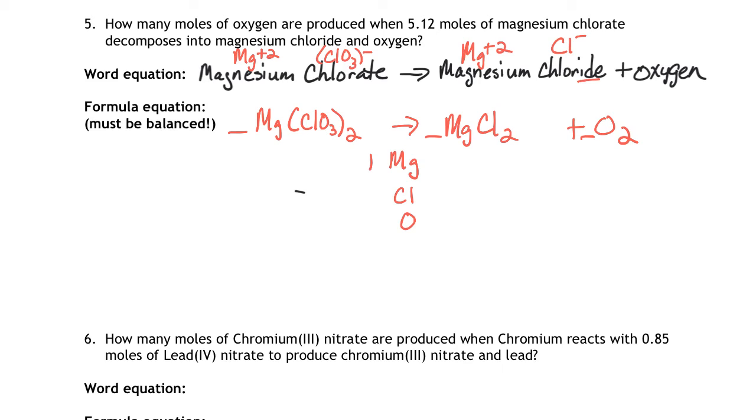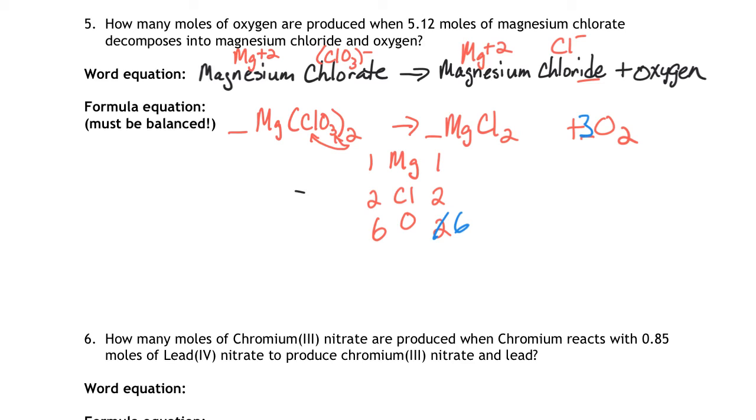So I've got 1 magnesium, I have 2 chlorine, and I have 6 oxygen. And remember, anything that's inside the parentheses is multiplied by the number outside. On the other side, I've got 1 magnesium and 2 chlorine. So if I put a 3 in front of the oxygen, and update my totals, there I go, and I'm all balanced out.